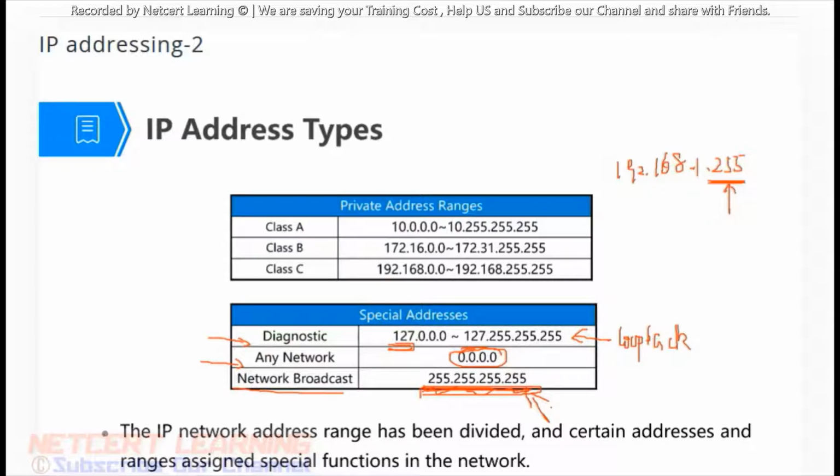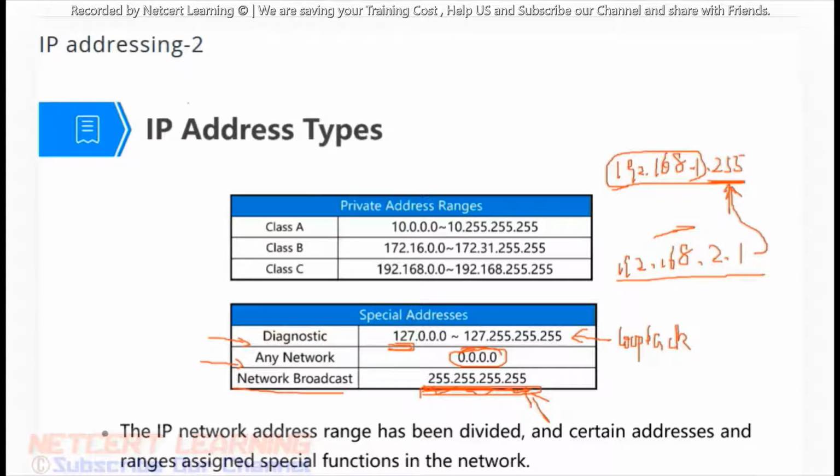This broadcast cannot be sent to other networks, it can only be sent in the network local to the sender. And the other broadcast can be sent from one network to another network. For example, the source is 192.168.2.1, the sender, sending out a broadcast. This broadcast is sent to another network. Okay, these are some special network addresses.